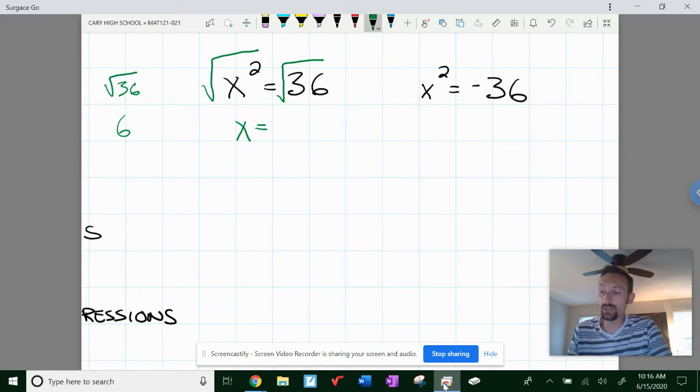I'm going to say that x can be 6, but x can also be the opposite of 6, which is negative 6. Because if I do 6 times 6, or 6 squared, that does give me 36. But negative 6 times negative 6, or the quantity negative 6 squared, is also going to be positive 36, because a negative times a negative is going to be a positive. And so these are our two solutions.